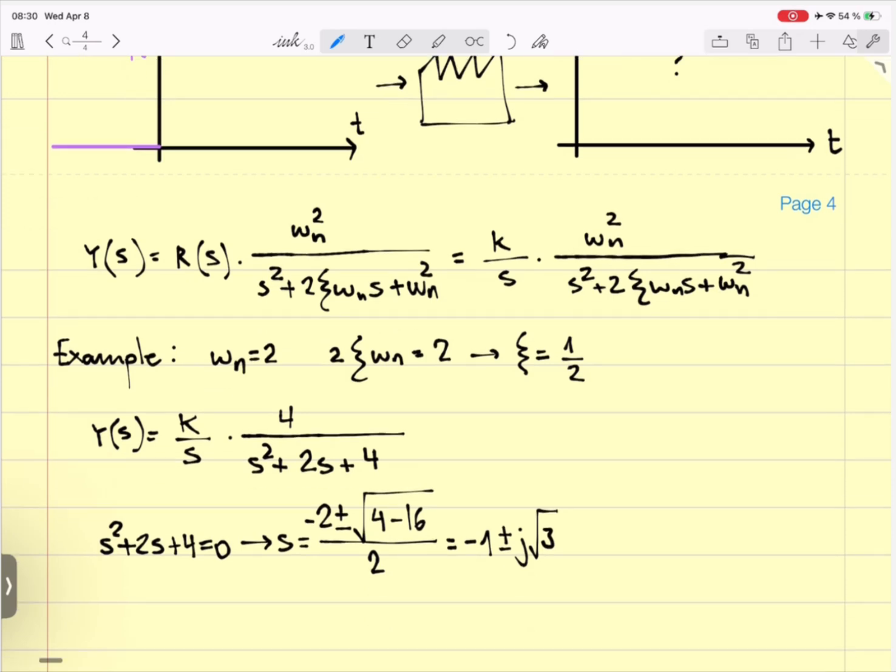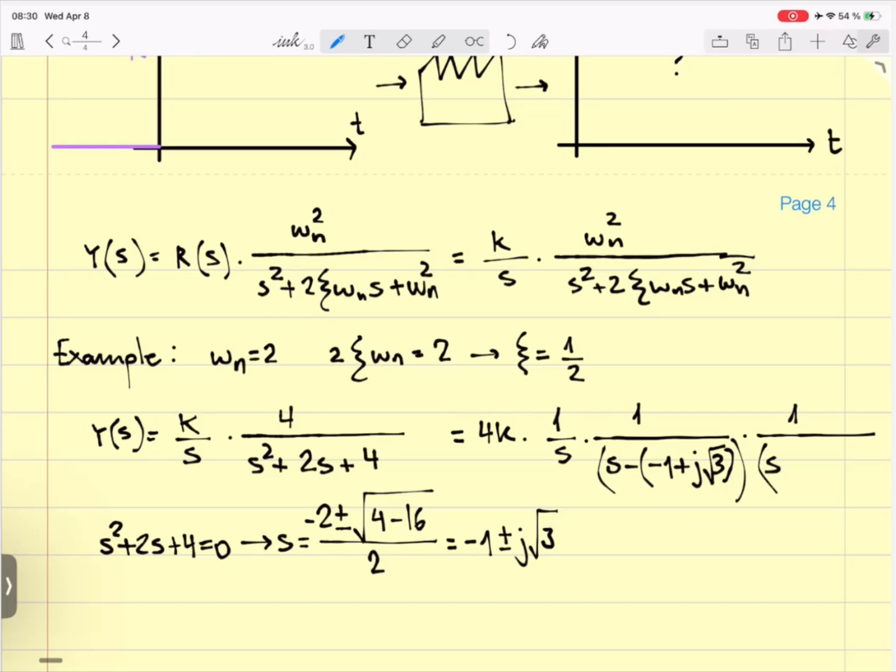So if we input that up there, we got 4 times k times 1 divided by s times (s minus 1 plus j root square of 3) times 1 divided by (s minus 1 minus j root square of 3).